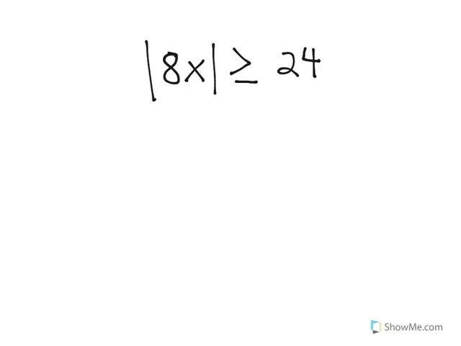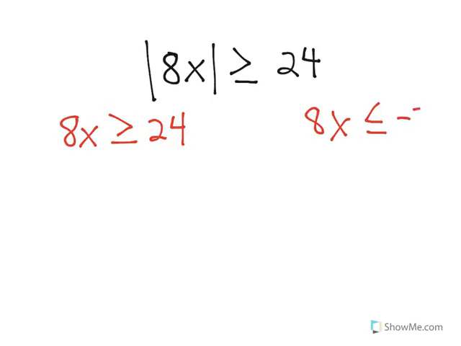So we'll set up our two inequalities. 8x is greater than or equal to 24, and then our other one is 8x is less than or equal to negative 24. Notice that we had to switch the sign because in essence we're dividing by a negative 1 to get that negative 24.